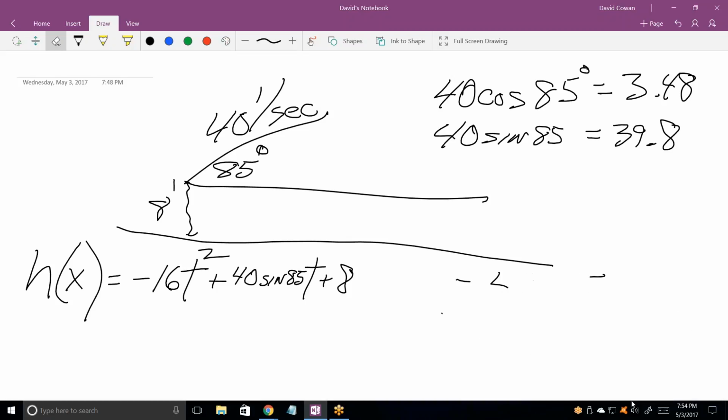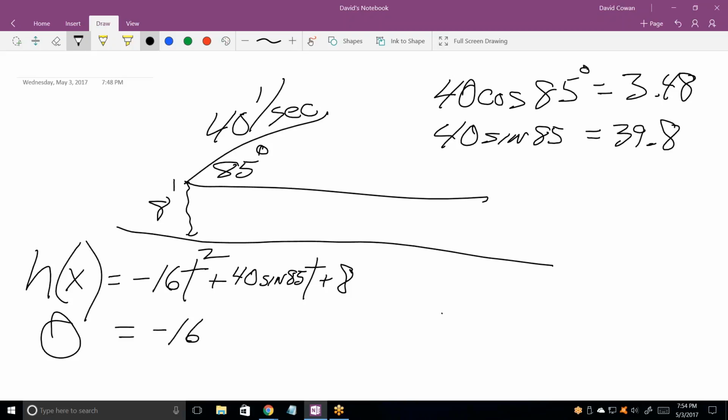And this is where you have to start with these problems, is finding how long the rock's going to be in the air. This equation will tell you that. In other words, you want to solve to where the height is 0. That solves for where the thing lands.